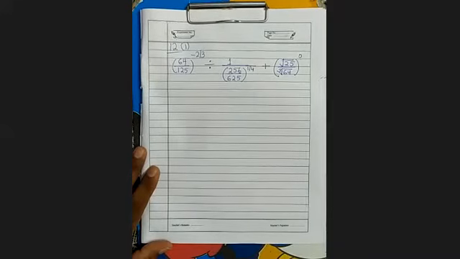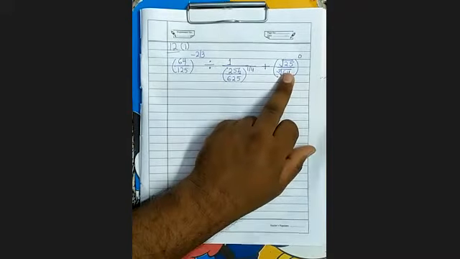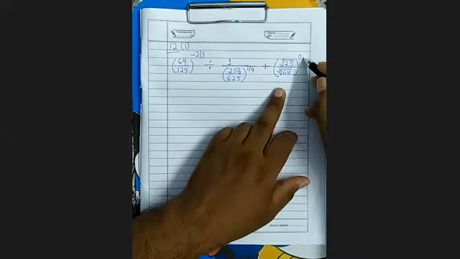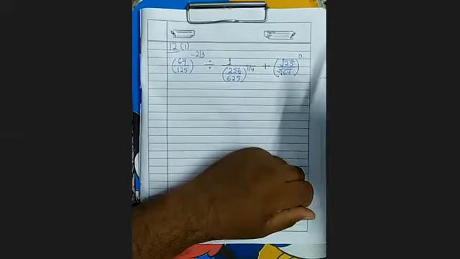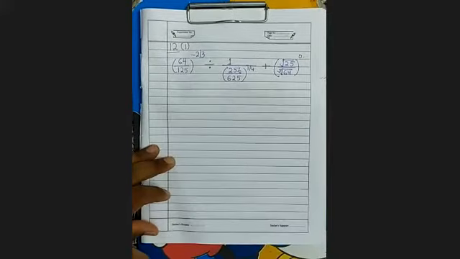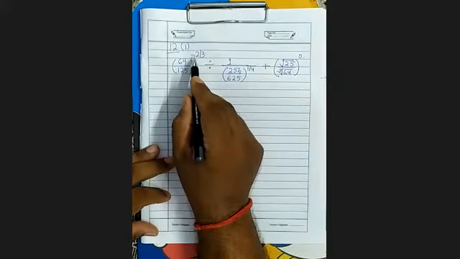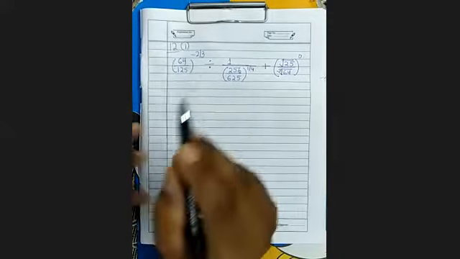So you can see here that there is no need to simplify this one, because the power is 0. Therefore, immediately it will become 1. Now here the power is negative, so you can make the power positive by reciprocating the base, that is, flipping the base.